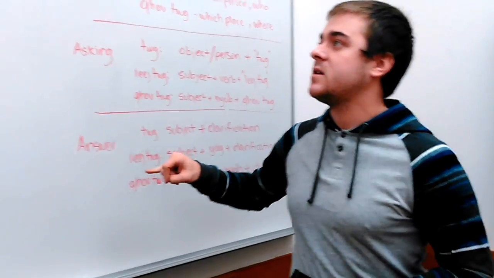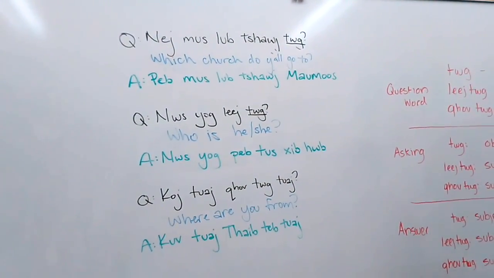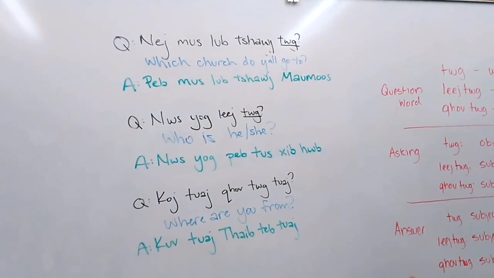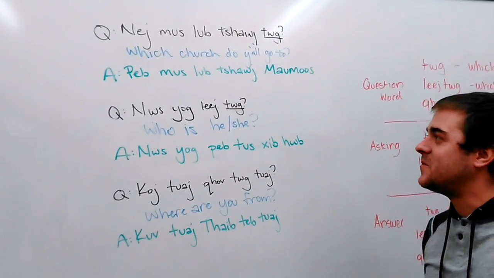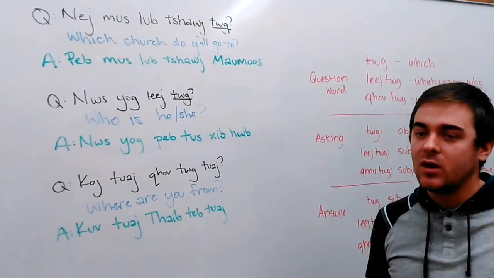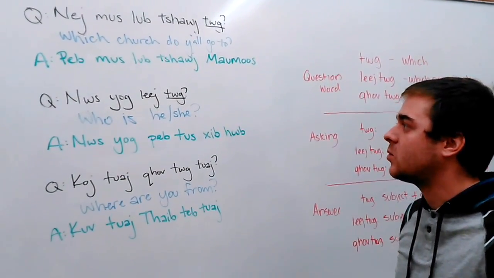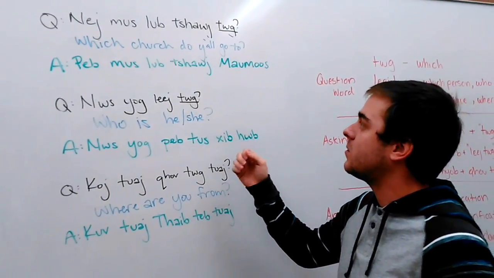And so we're going to go over to the examples that we have. The first example is 内母路车的, which means which church do y'all go to? Since we are Mormon, we decided to say 北母路车毛蒙. Mamong is the Hmong translation for the word Mormon. Let me explain this real quick.